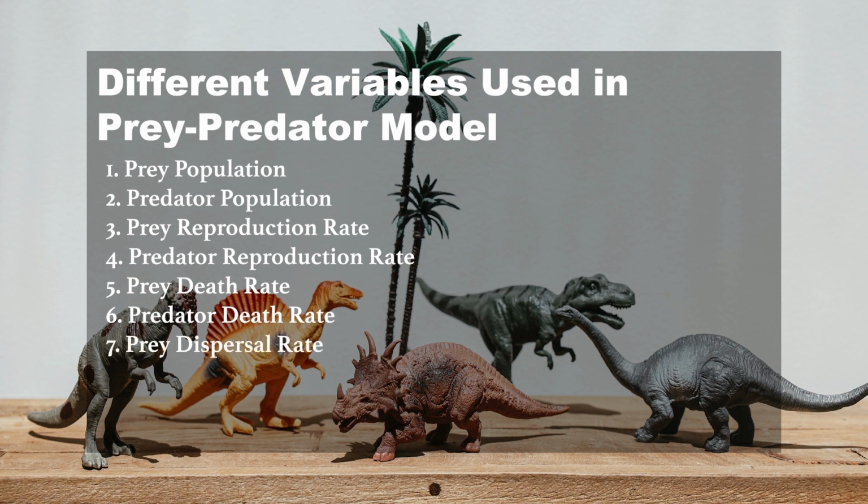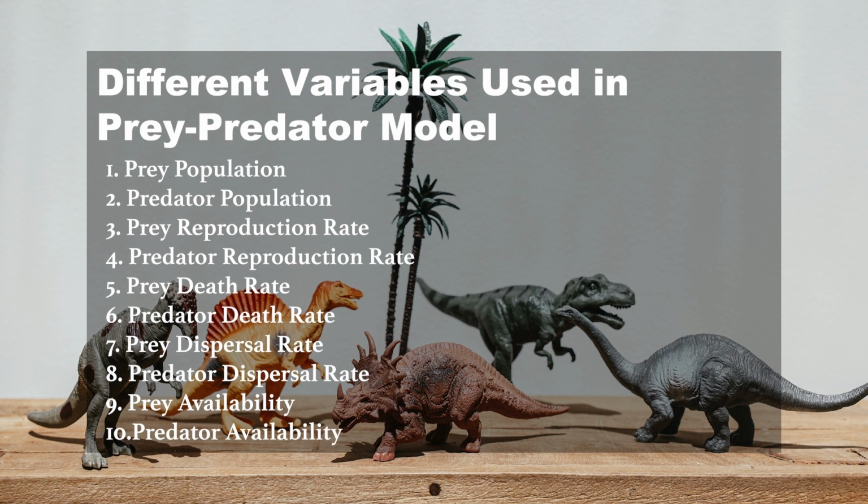Third variable, prey reproduction rate. It is the rate at which new prey are reproduced in an ecosystem, which can be affected by the availability of resources and food. The fourth variable, predator reproduction rate.